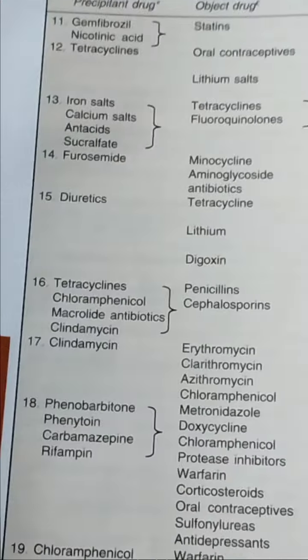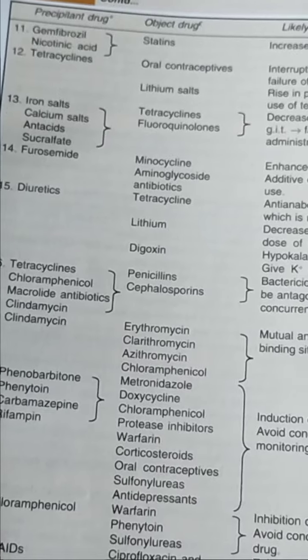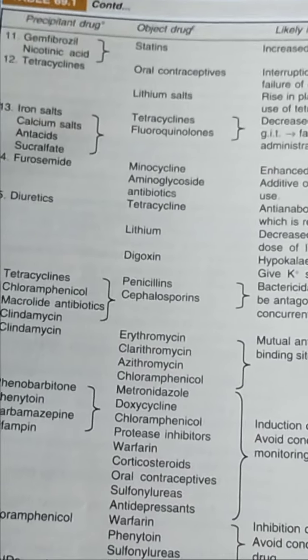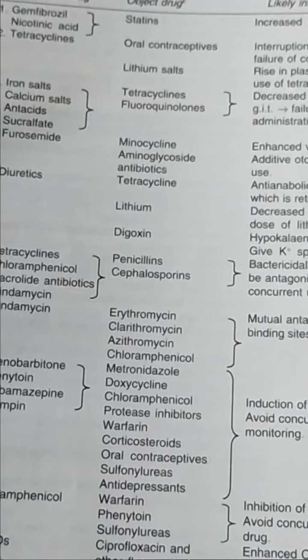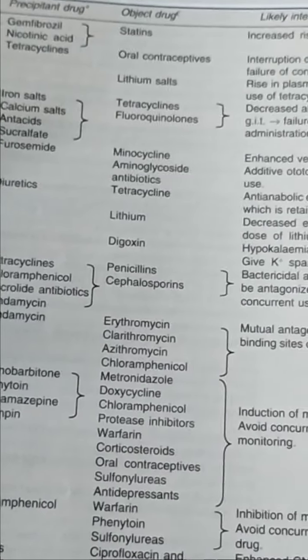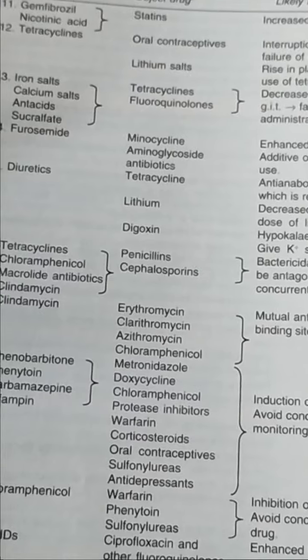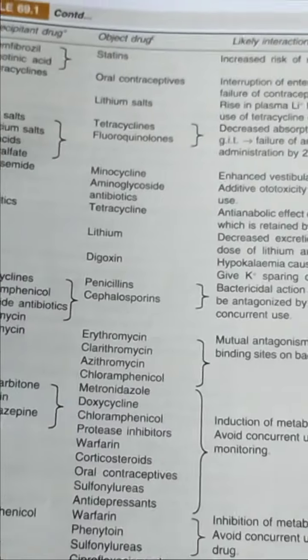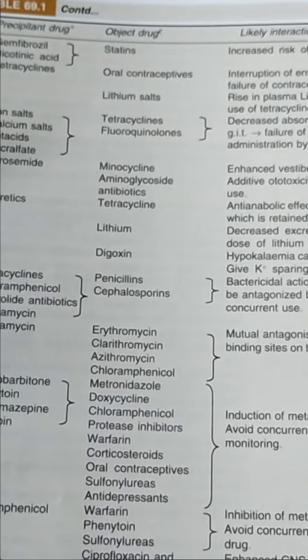And tetracyclines with oral contraceptives are also not a good combination. It also causes side effects like failure of contraception, rise in lithium level and decreased excretion. That's why you have to avoid tetracyclines when you are taking lithium salts.